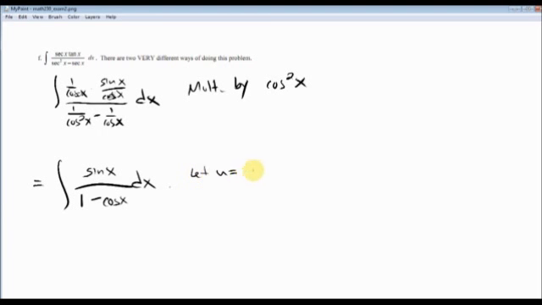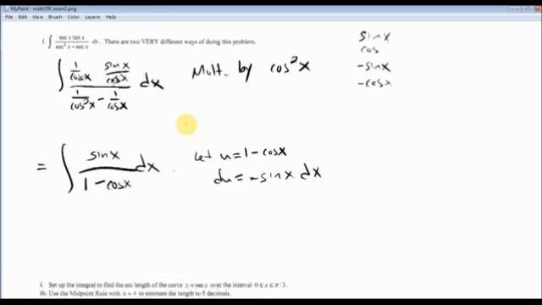So let u equal 1 minus negative cosine, du, and then just blank there. So remember, sine, cosine, negative sine, and negative cosine. Alright. Dx.